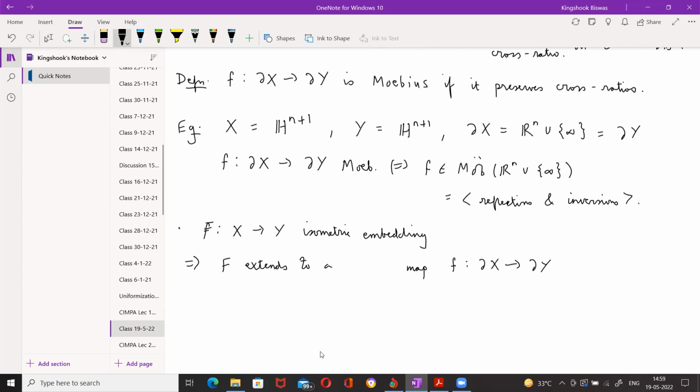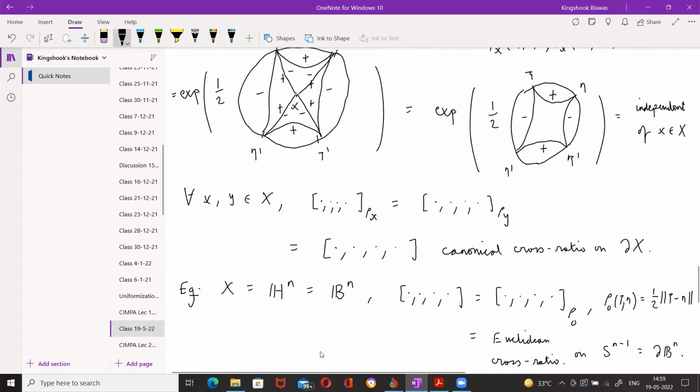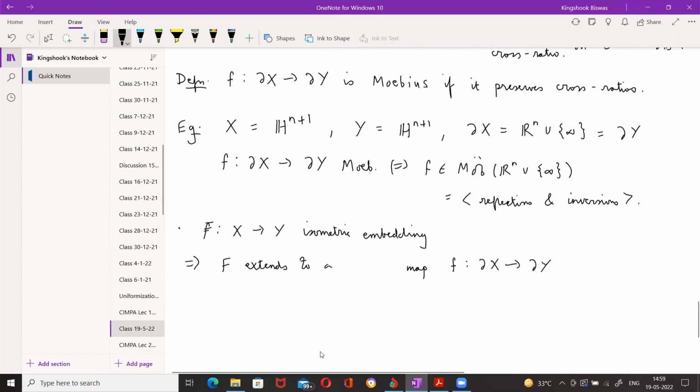What will it do to cross ratios? Well, the cross ratio is expressed in terms of these distances inside, and F is preserving distances inside. Therefore, the boundary map is going to preserve cross ratios, right? Is it clear? Yes.